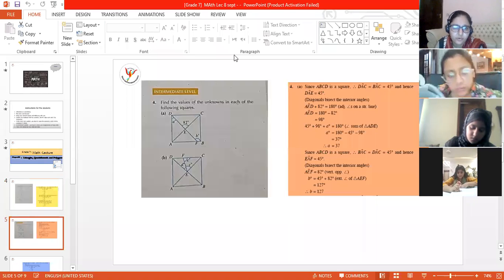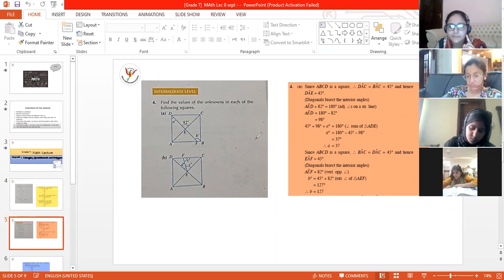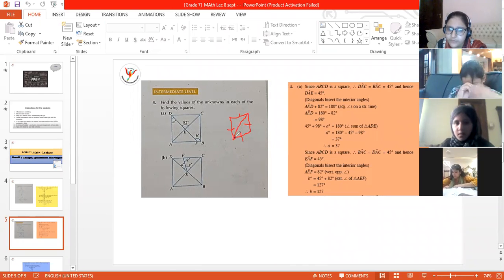In question number 4, you can see the figures are of squares. Find the values of the unknowns in each of the following squares. Now come towards the properties of the square. First of all, the 4 sides of the square are equal, and all the angles of the square are 90 degrees.